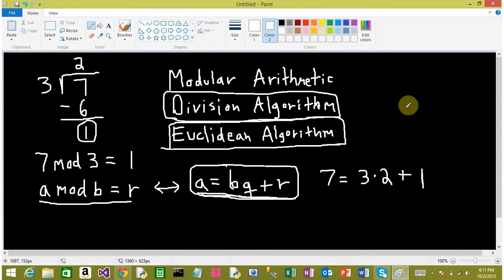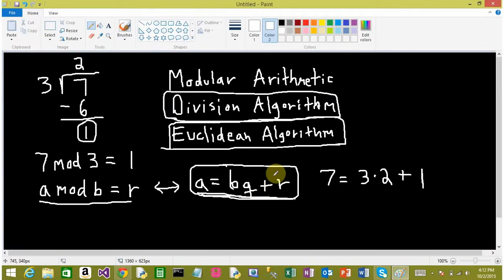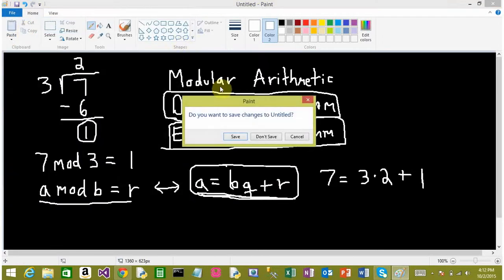The importance of the Euclidean algorithm is that it helps us find the GCD, or the greatest common divisor, of two numbers. So let's start on a new board since we're running out of space, and we'll talk about the Euclidean algorithm.